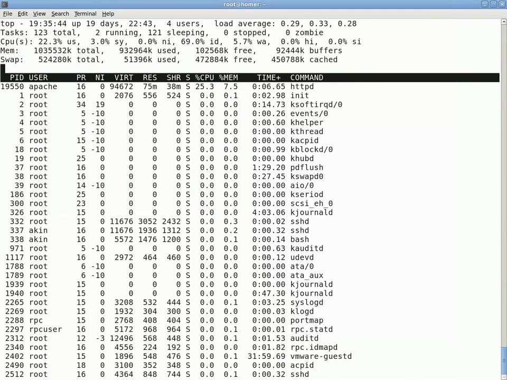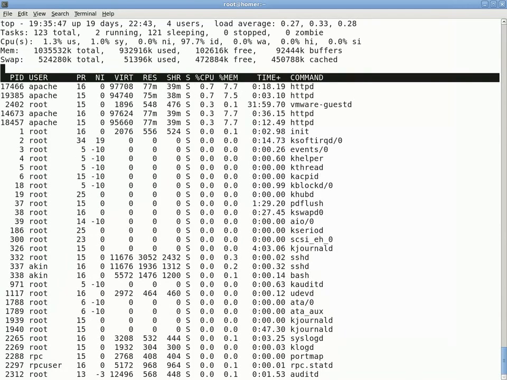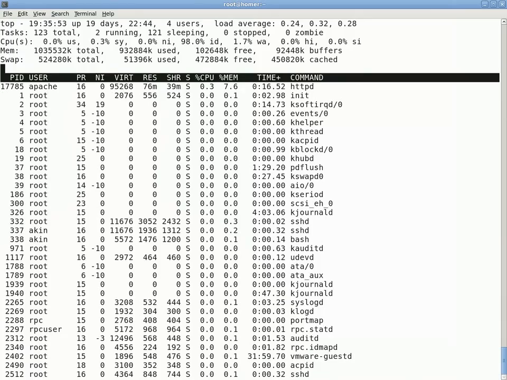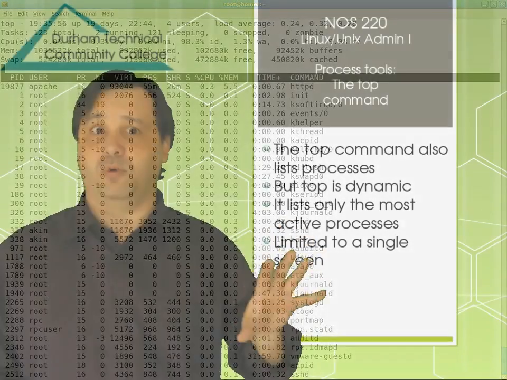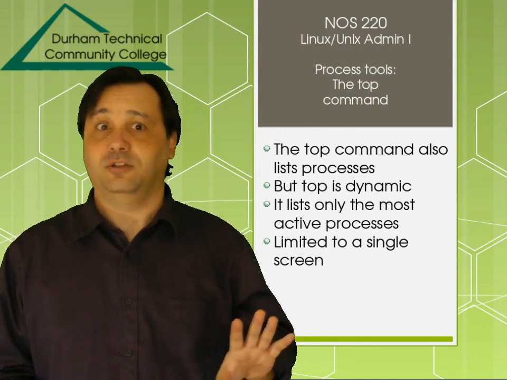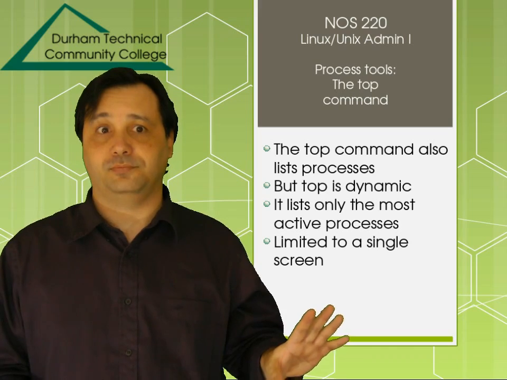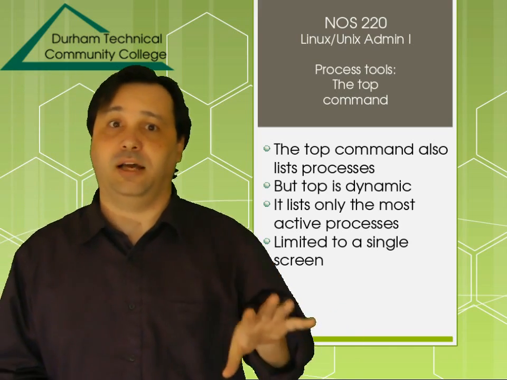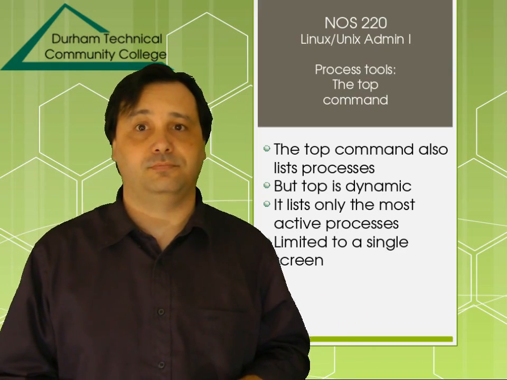So it gives you an excellent idea of what processes are consuming the most resources and how that changes over a certain period of time. The only problem with top is that it's limited to a single screen's worth of information. Any processes that don't fit on a screen simply are not shown. Still, top can be extremely useful when dealing with a bogged down or non-responsive system.